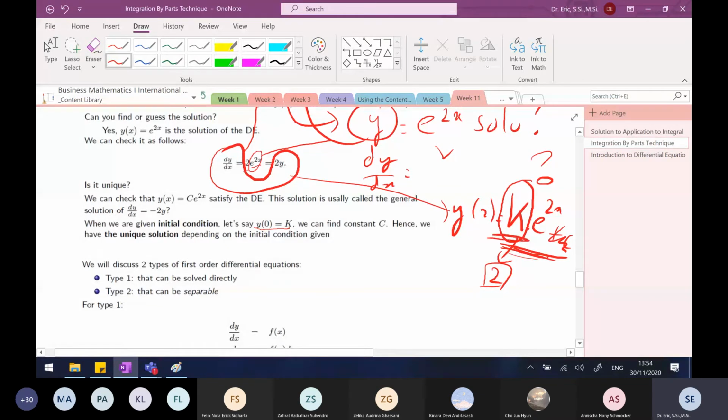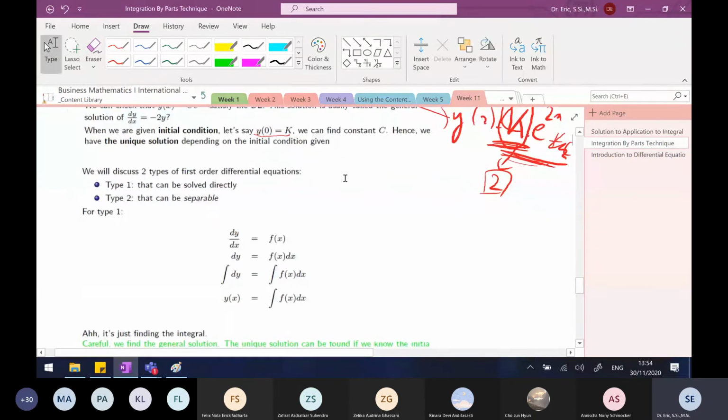If you have k as a constant, we usually call this a general solution.